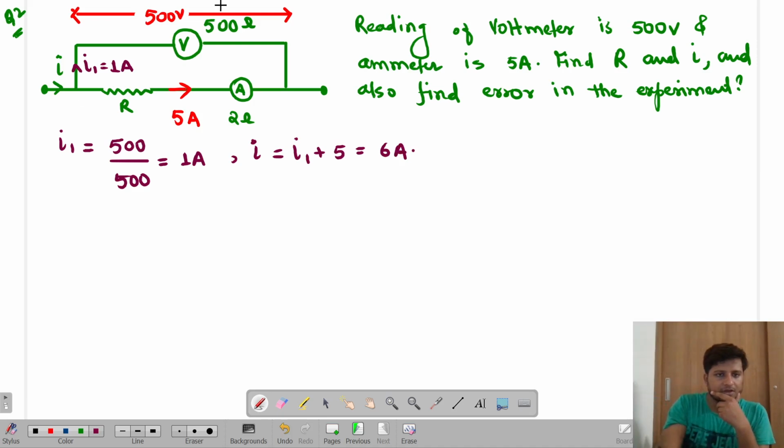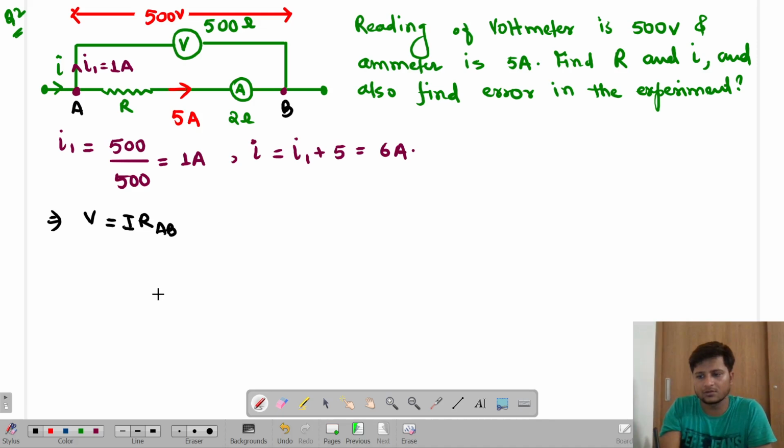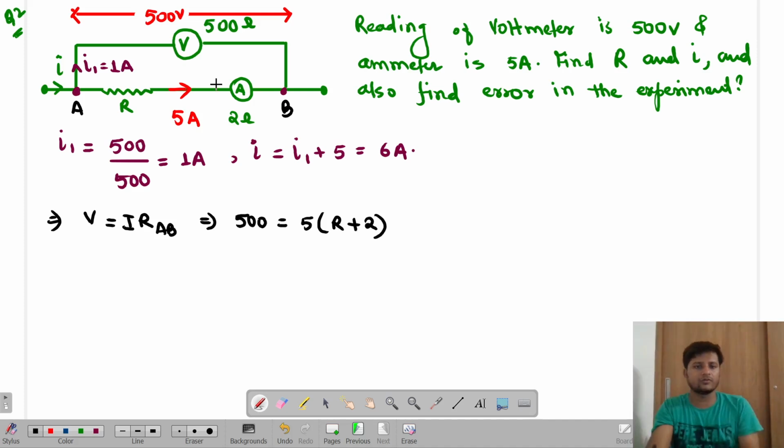Now, if the drop is 500, it means between here and here also the drop is the same 500, or not? The drop is the same. So therefore I'll apply V is equal to IR. Let's suppose I call the points A and B, so IR through AB. So V is 500, I know 5 amperes, and R is R plus 2, which is the resistance of the ammeter.